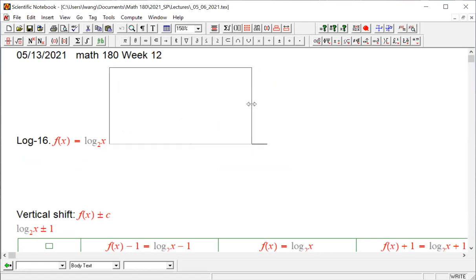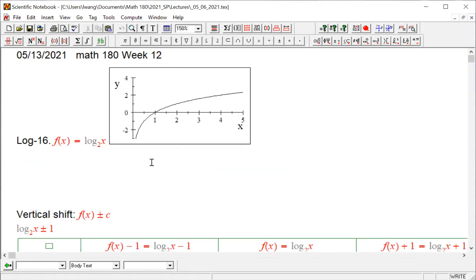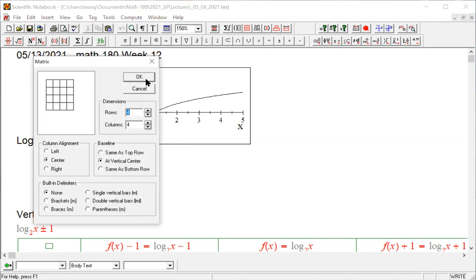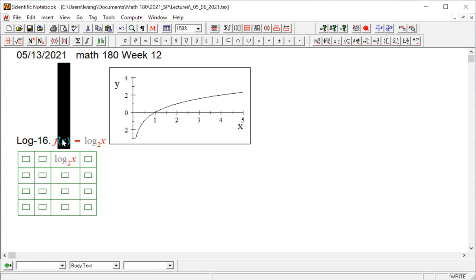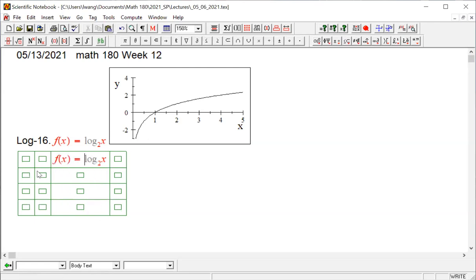The three cases I would like you to consider, I'm still going to make that table, to make it easier to compare. The function we have is still log base 2 of x, but this time we are adding one, subtracting one. By this time, does everybody understand what we're doing here?